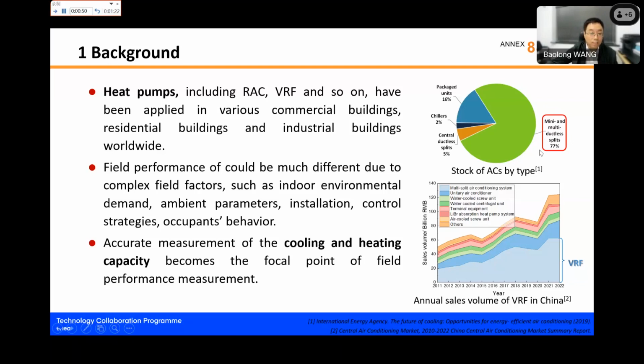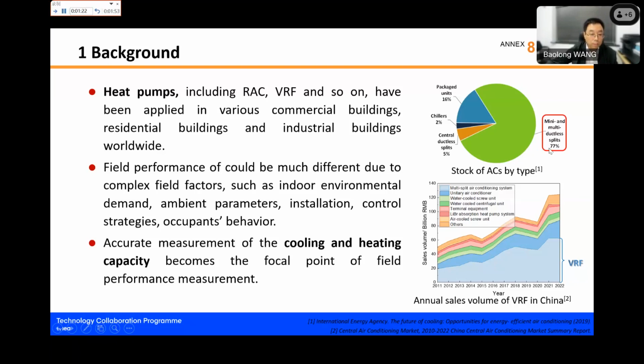That's because the environment of the real field factors is different, such as the ambient parameters, and also the insulation will largely affect the real performance of the heat pumps. And also the occupants' behavior is a very important factor affecting the real performance.